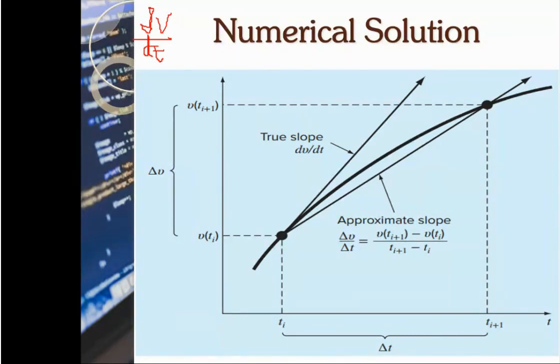Now, remember how to determine the gradient of a curve. Suppose that this happens to be my curve, the one that they've drawn beautifully here. And I would like to determine the gradient between these two points.